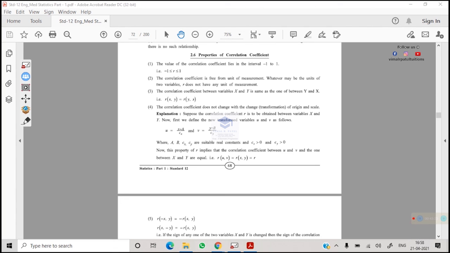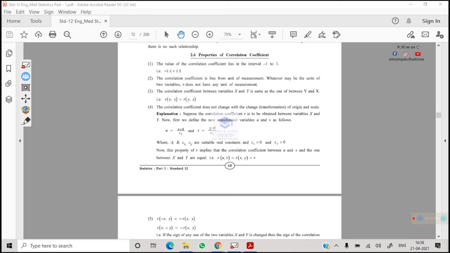Then correlation between x and y is the same as correlation between y and x. It doesn't matter what the order is. The correlation coefficient does not change with change of origin and change of scale. That means it is not affected by addition, multiplication, subtraction or division.